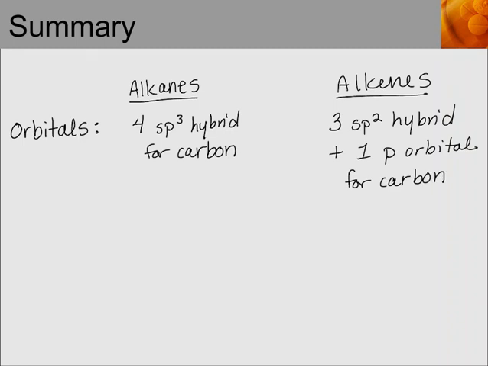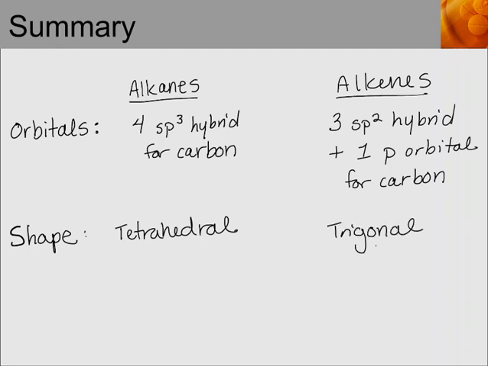All right, so let's name the shape that we expect for each. So alkanes, we said, would form a tetrahedral shape or geometry. Alkenes are going to form what are called trigonal planar geometries. So trigonal tells us we have 3 things. Planar tells us they're all in the same plane. So we have kind of a triangle that's all in the same plane.